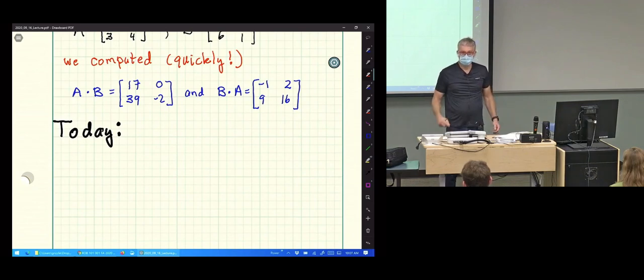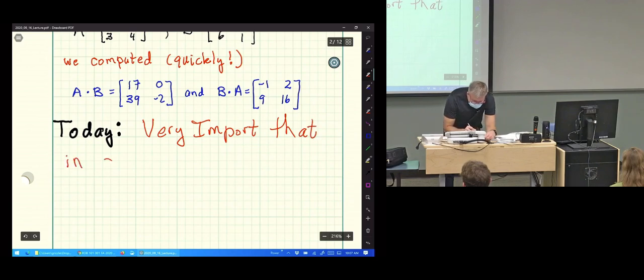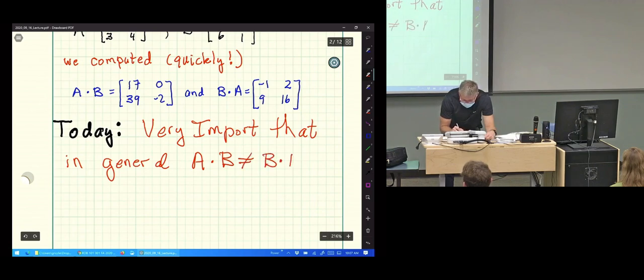You can't commute them. It's very important the order in which you multiply matrices. So very important that in general, A times B does not equal B times A.